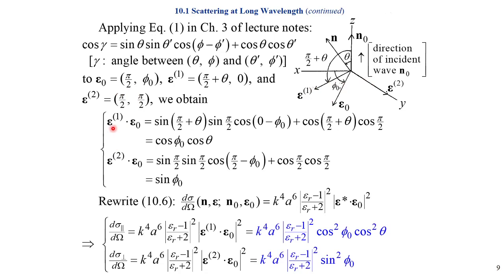So we can express the calculation of epsilon 1 dot epsilon 0. Why? Because we already know equation 10.6. Now epsilon can be divided into two parts, epsilon 1 and epsilon 2. Epsilon 1 is parallel, epsilon 2 is perpendicular.